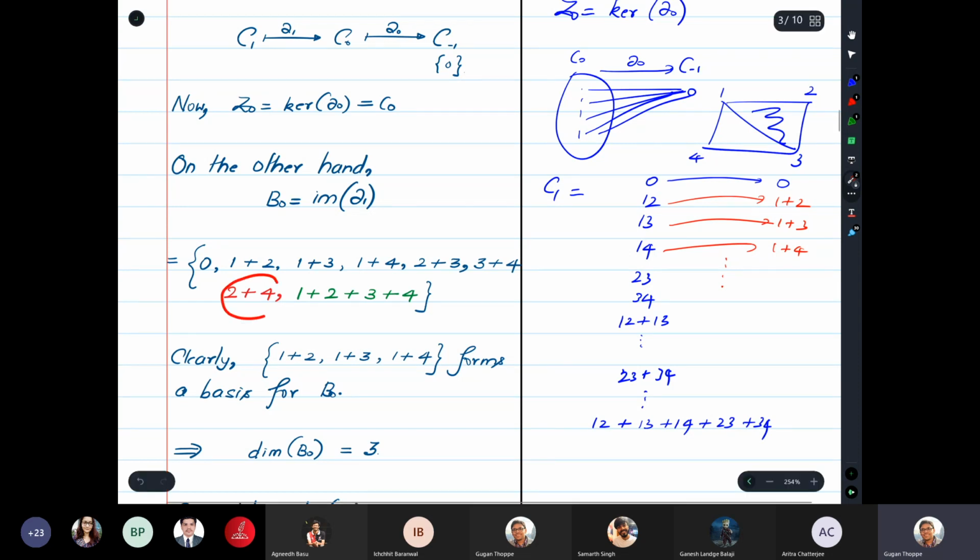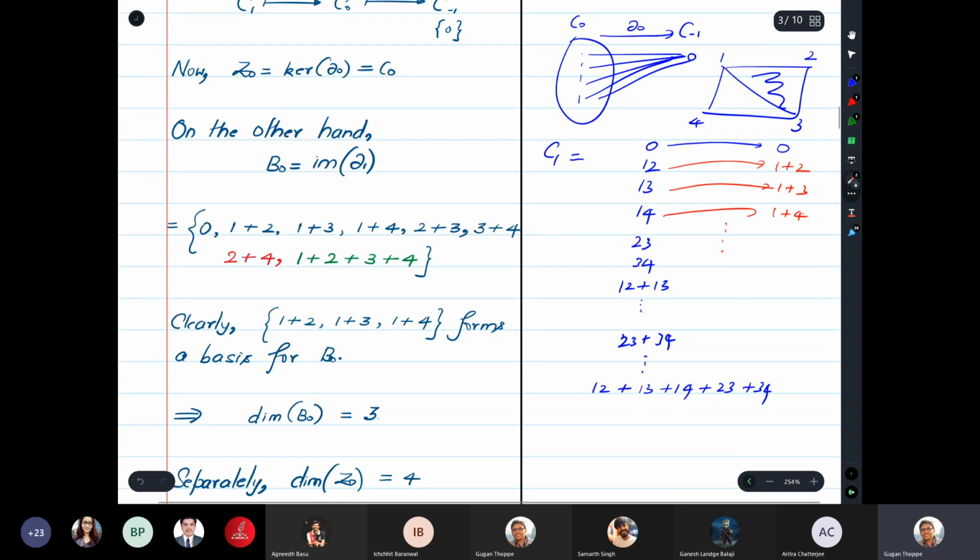Nevertheless, 2 plus 4 is an element in the image of ∂1, because there is another one chain which is mapped to 2 plus 4 under ∂1, and that is 23 plus 34. If you apply ∂1 on this, you end up with 2 plus 3 plus 3 plus 4, and these cancel off and you end up with 2 plus 4.